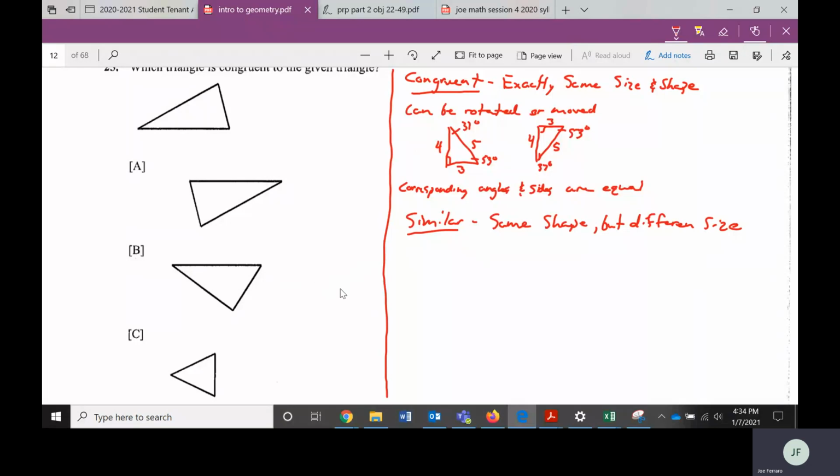So an example here would be if I took that triangle from above, and this might not be exactly right.